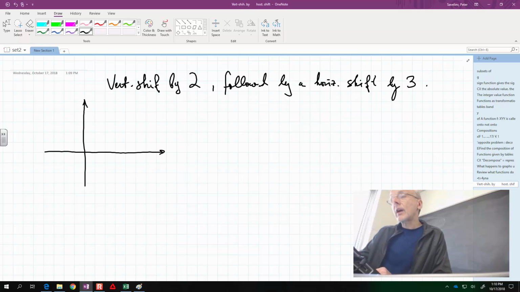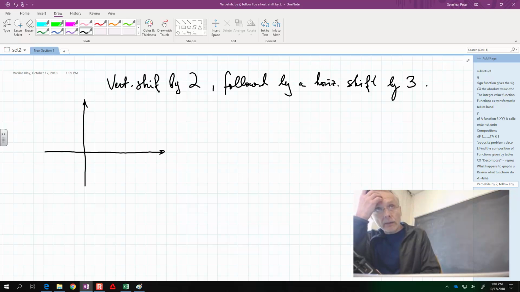You can think of these as compositions too. For the most part, we looked at compositions of functions with all the functions being numerical functions, though they don't have to be. Any function will do, and the transformation of the plane is a function of the plane, so ultimately we'll look into it from that point of view.